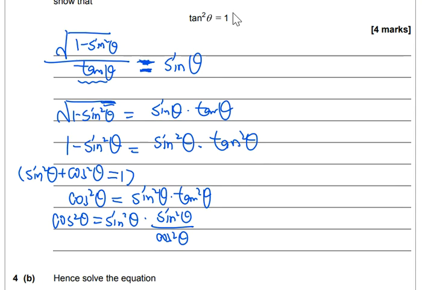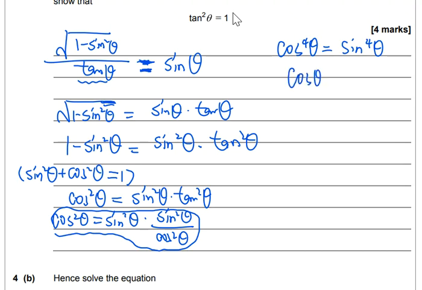Now if we simplify this, we get cosine of theta to the power of 4 is equal to sine of theta to the power of 4. So we know that cosine of theta is equal to sine of theta or negative sine of theta. Do you agree with me?